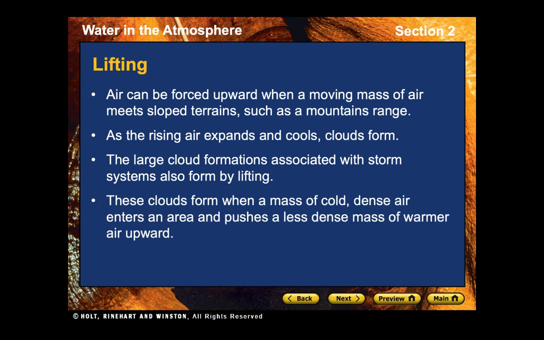These clouds form when a mass of cold, dense air enters an area and pushes a less dense mass of warmer air upward. Before we talk about advective cooling, and that's going to be it for this day, are you guys familiar with Oregon?